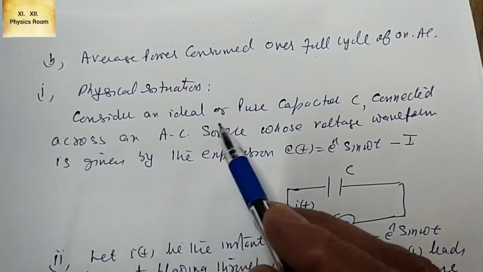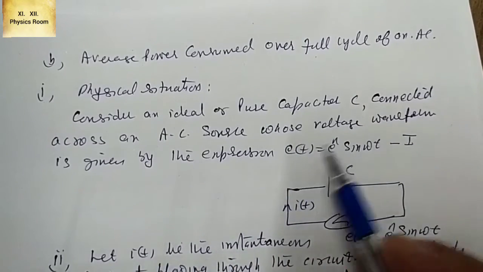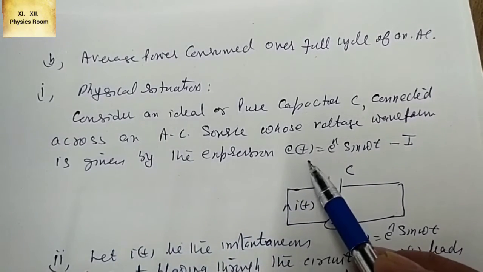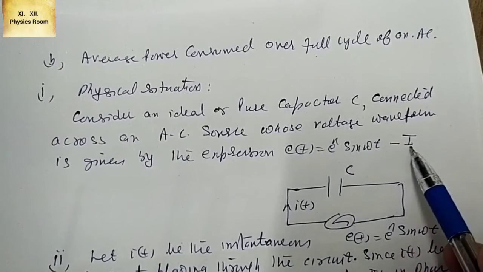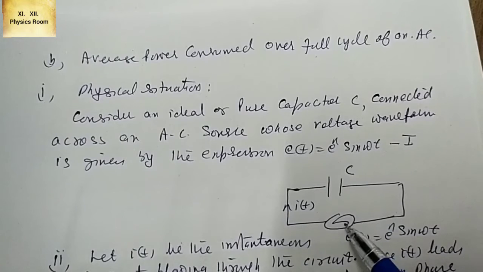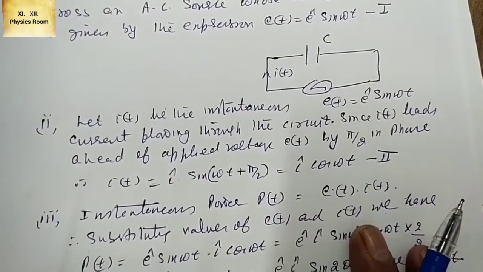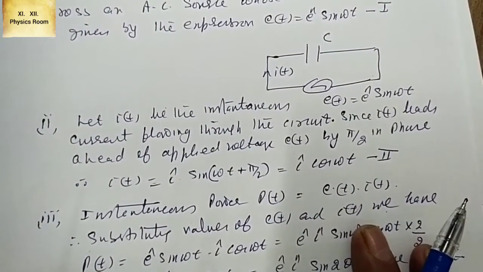So consider an ideal or pure capacitor C connected across an AC source whose voltage waveform is given by the expression e(t) is equal to E max sine omega t. This is the ideal capacitor. This is the AC source. Now we go to the second step.